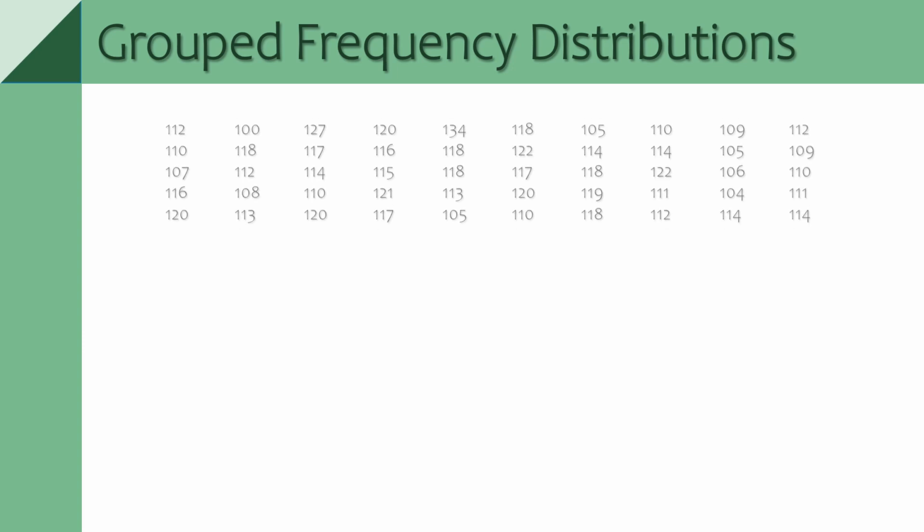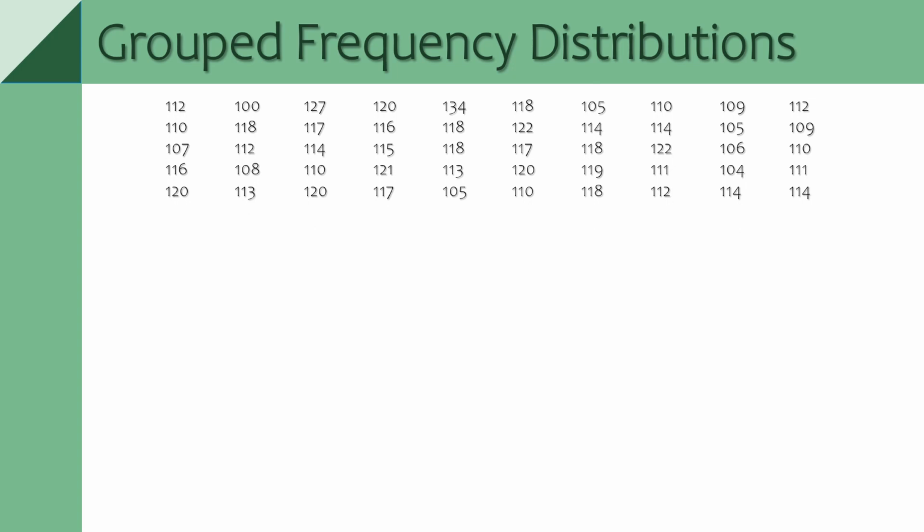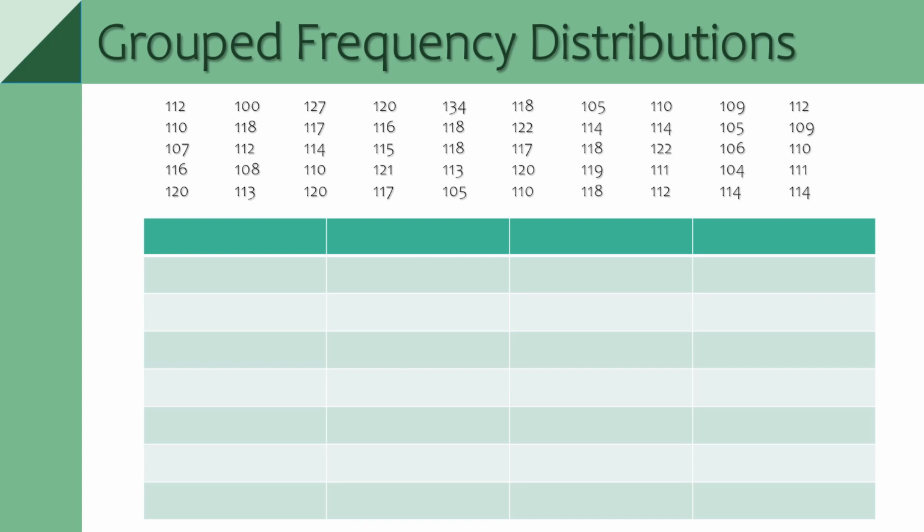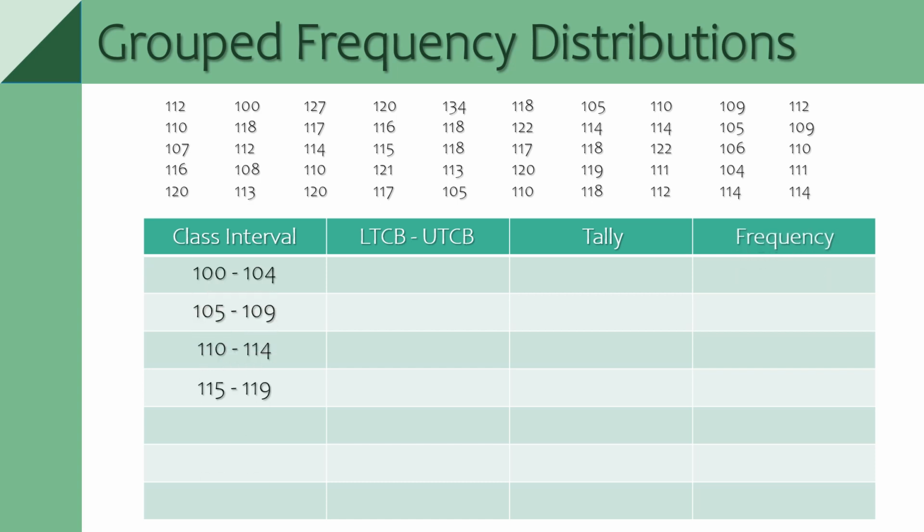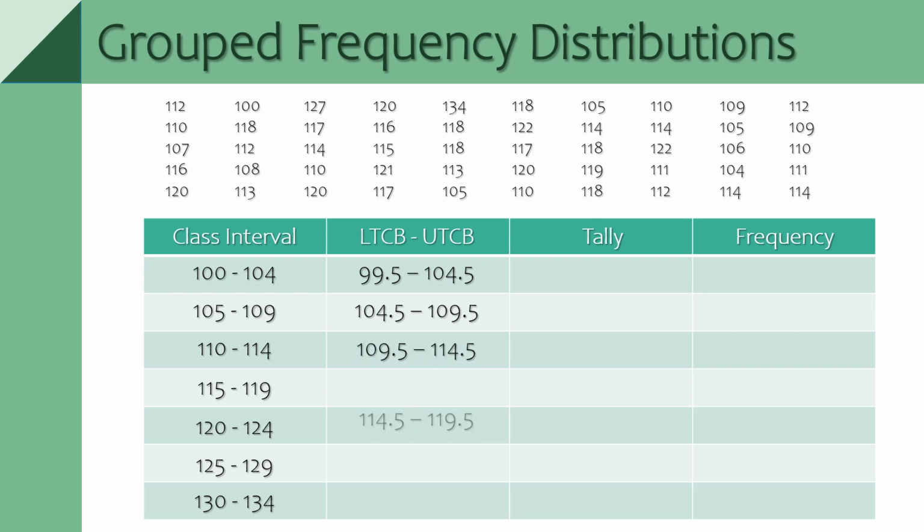So, now, mag-start na tayo mag-tally. Yan. So, ito yung table natin. So, ito yung mga class interval natin, true class boundaries, the tally, and then the frequency. Ito yung mga class boundaries natin.